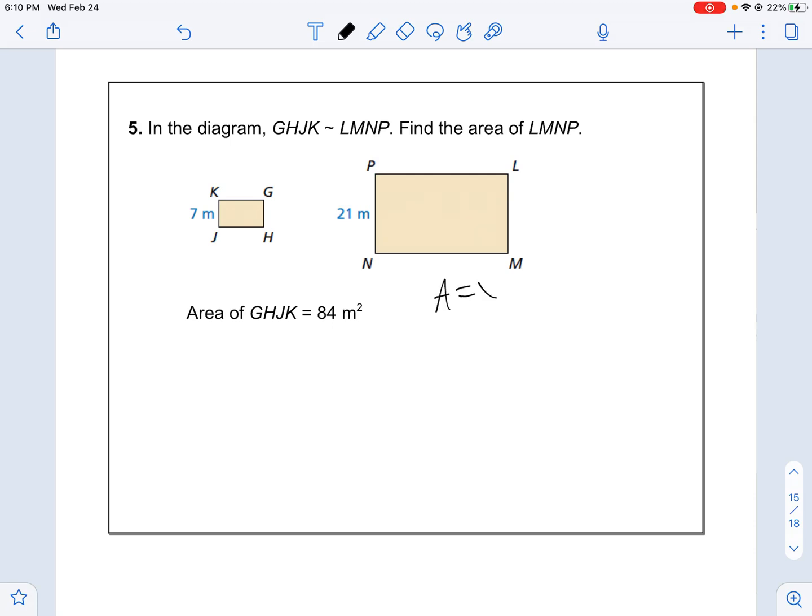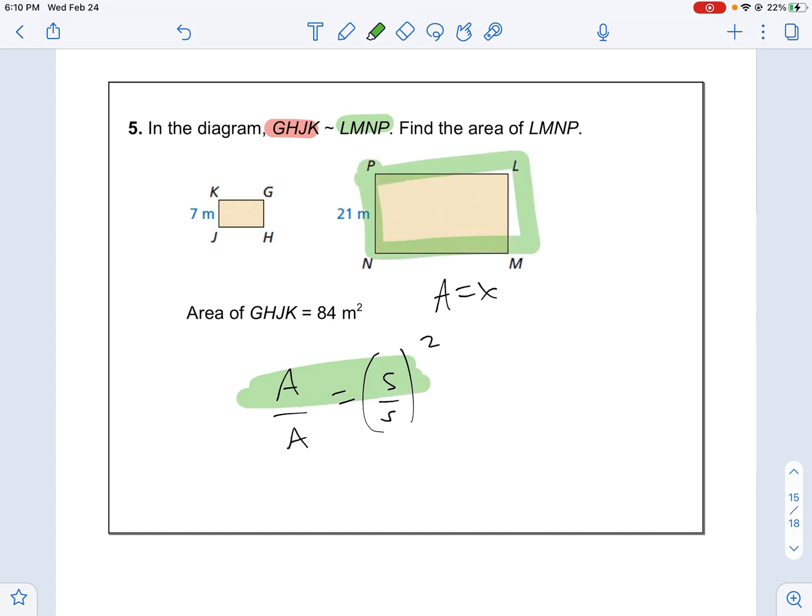Don't know the area here. This is the one we're going to. Sorry, that's where we started. Here's where we're going to. So when we do area over area equals side over side squared, these are going to be the tops. These are going to be the bottoms. All right, so we've got x over 84 equals 21 over 7 squared.